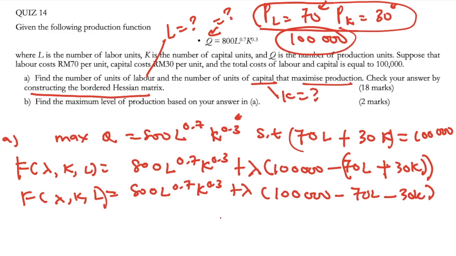Okay, next. Using this, you need to find first order condition. In this case, you want to maximize production subject to constraint here. Now, once you combine production and constraint into one function, call it Lagrangian function, it becomes unconstrained function. Okay, so how do you do it?